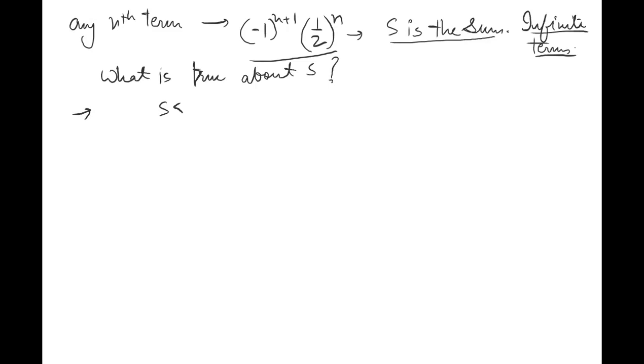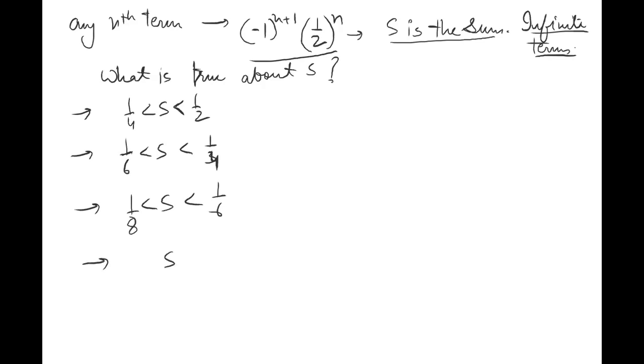S is between 1 by 2 and 1 by 4. S is between 1 by 3 and 1 by 4. Sorry, 1 by 4 and 1 by 6. This is between 1 by 6 and 1 by 8. This is between 1 and 1 by 2. Let's say these four options are there.